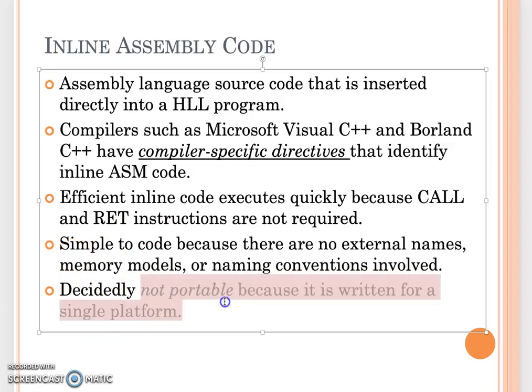Just like with C++, you may be able to compile your C++ source file on a Windows system, then move it to a Mac system to compile, and it works. However, if you have inline assembly code in your source file, it is not portable, because ASM code that works with a Windows system will not work on your Mac system.